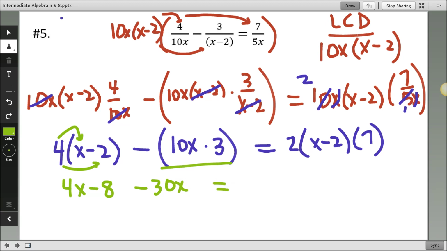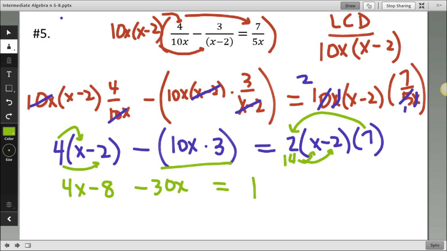Now on the other side here, I've got a 7 times x minus 2 times 2. So I can go ahead and I can multiply these two things. Remember, we have commutative property, so I can rearrange things and multiply them in any order I want to. 7 times 2 is 14. So I'm going to distribute 14 to both of these terms.